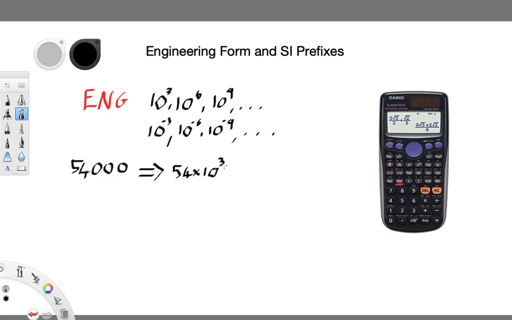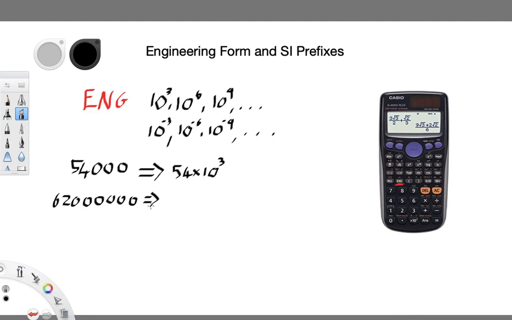Say that we had 62 million. So 62 and then 6 zeros. Again, press equals on your calculator, and that will store it as the answer.